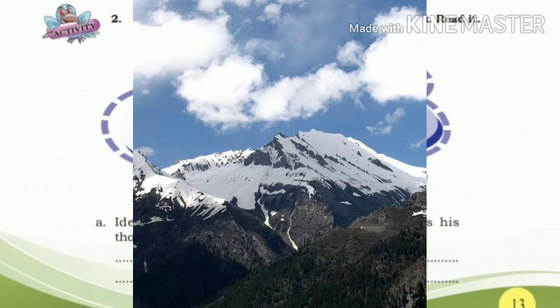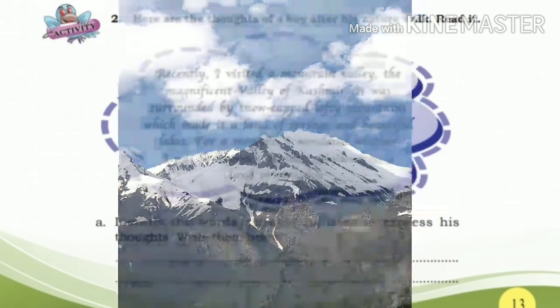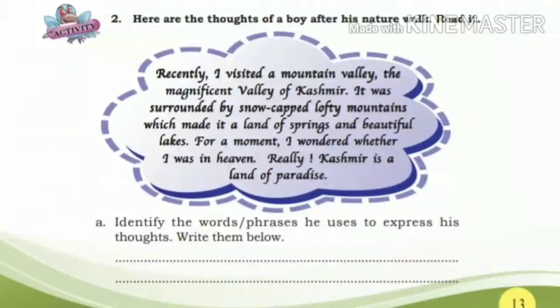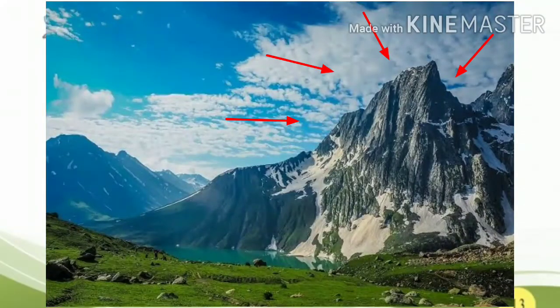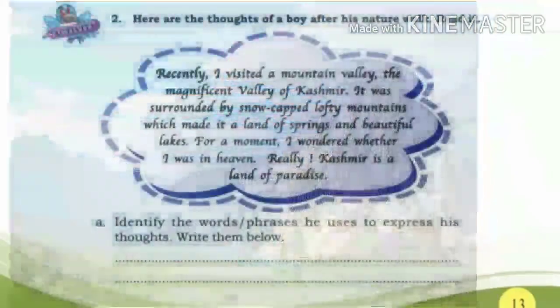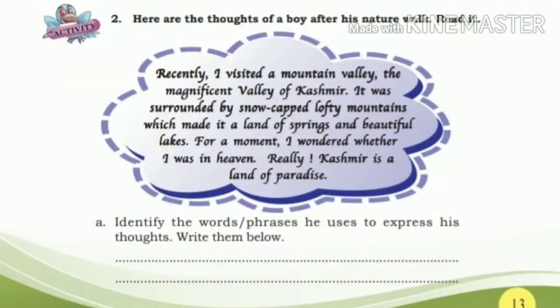Snow എന്താണെന്ന് അറിയില്ല എല്ലാവർക്കും. Everybody knows snow. So snow-capped means, see, like this. Lofty mountains means very high mountains, which made it a land of springs and beautiful lakes.